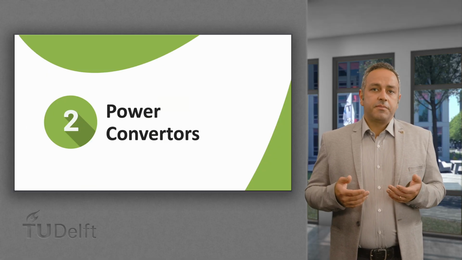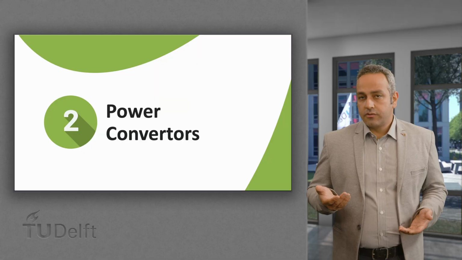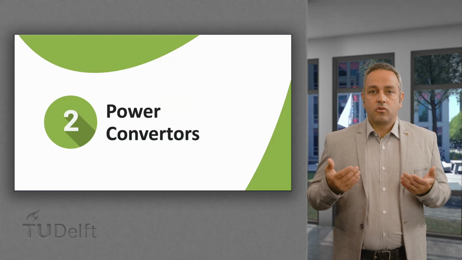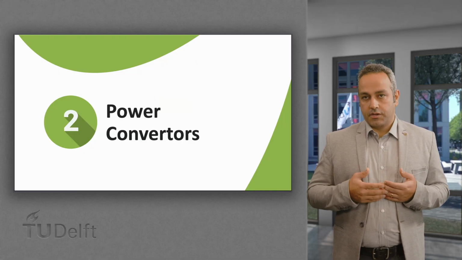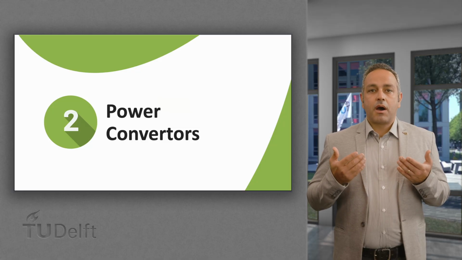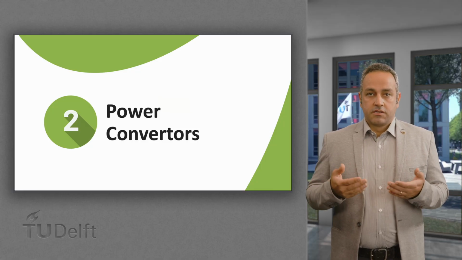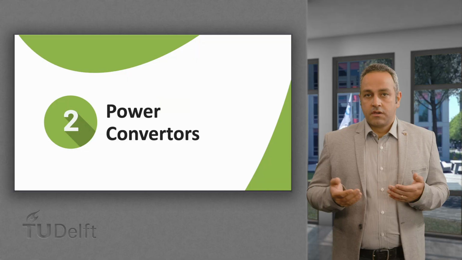Power converters are capable of adapting the voltage and frequency of the power supply into the voltage and frequency required by the load. This is done through power semiconductor devices such as the diodes, among others.